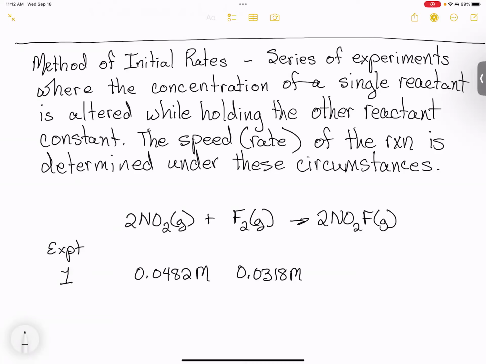Under that particular set of circumstances, the rate of the reaction in molar per second is 1.90 times 10 to the minus 3 molar per second.